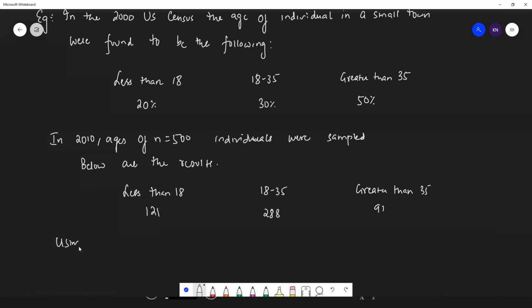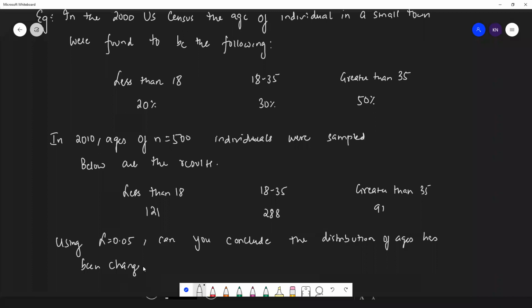Now using alpha is equal to 0.05, can you conclude the distribution of ages has changed in 10 years?